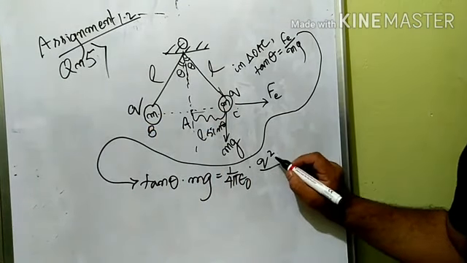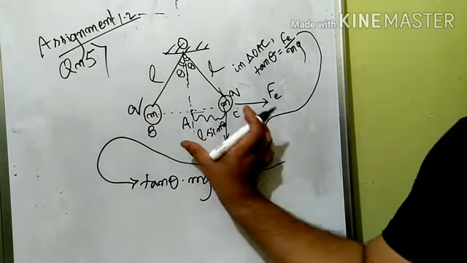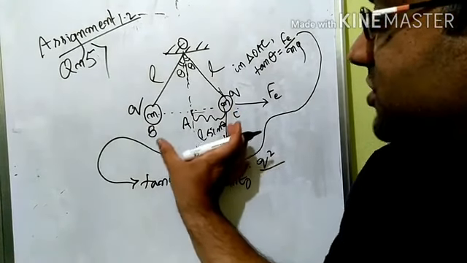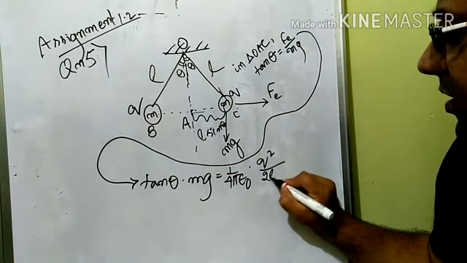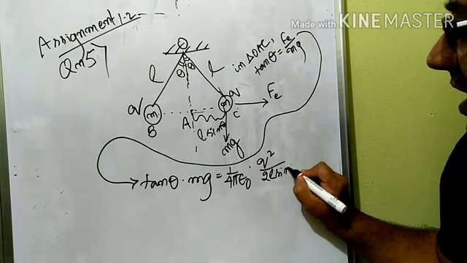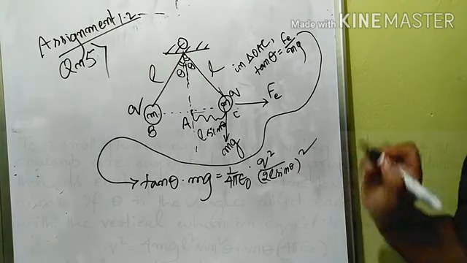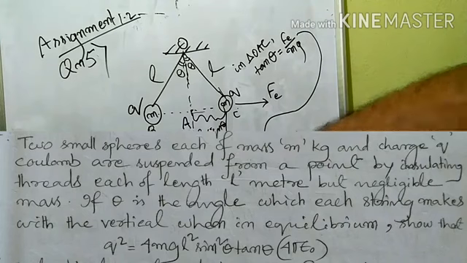Now q1 q2 by r square, r is the distance between them. Distance between the balls is 2L sin theta, 2L sin theta whole square. Is it visible now?